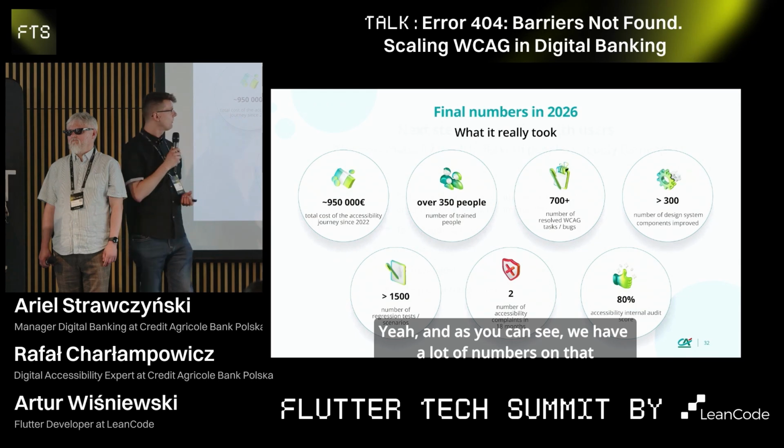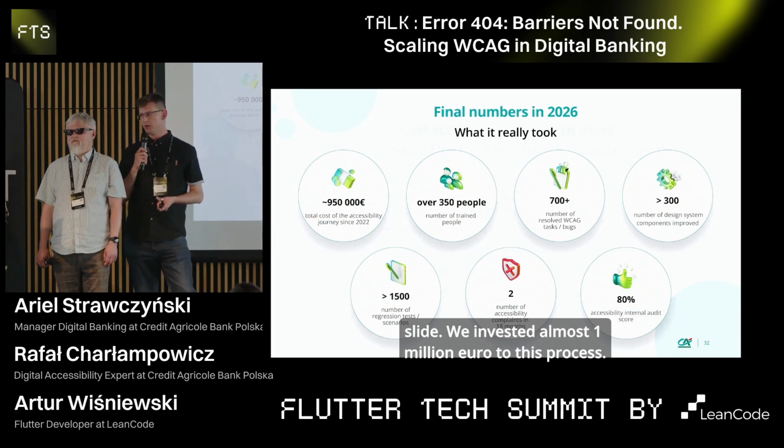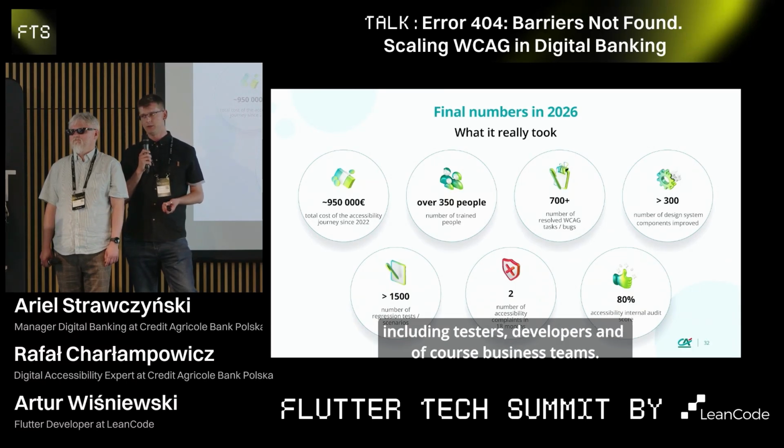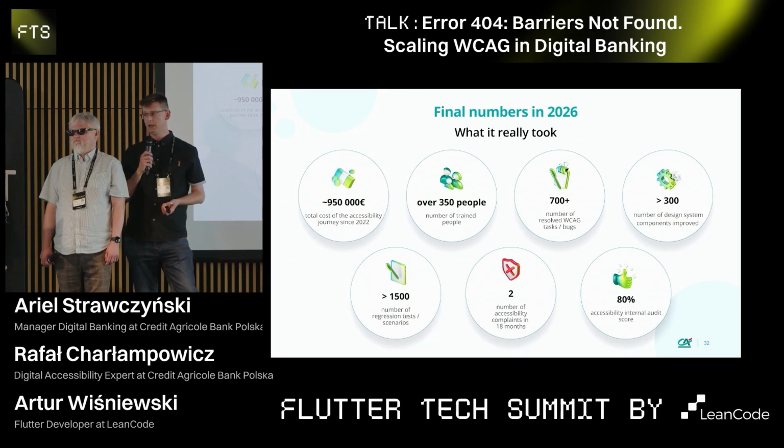As you can see, we have a lot of numbers on that slide. We invested almost €1 million in this process. We trained over 350 people across the entire organization, including testers, developers, and of course business teams.